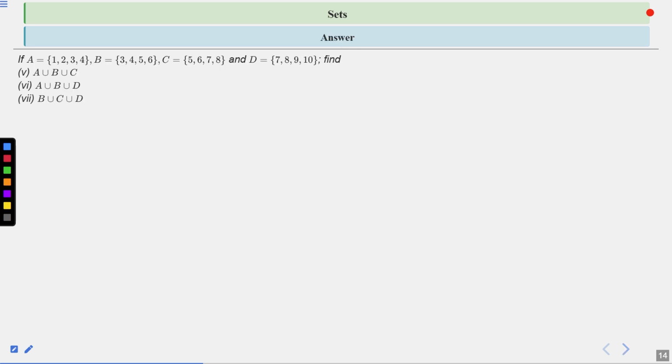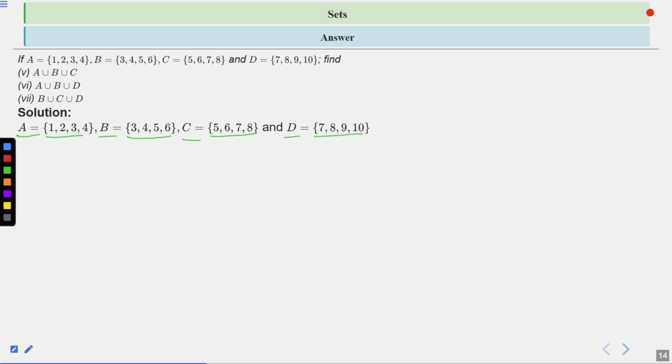Those who are not getting the correct answer, please see the solution. Starting with the information we are given: A with 4 elements 1, 2, 3, 4, B with 4 elements 3, 4, 5, 6, C with 4 elements 5, 6, 7, 8, and D with 4 elements 7, 8, 9, 10.